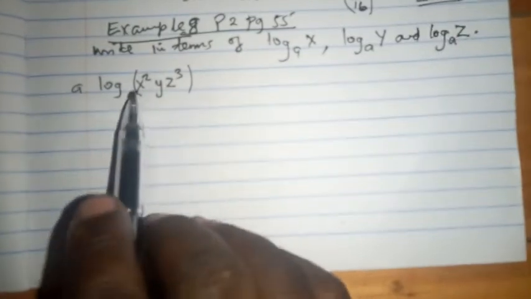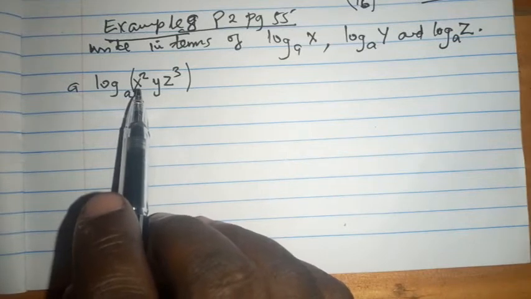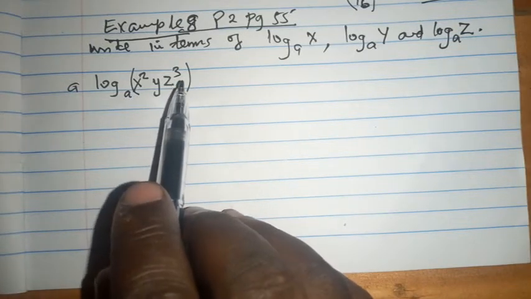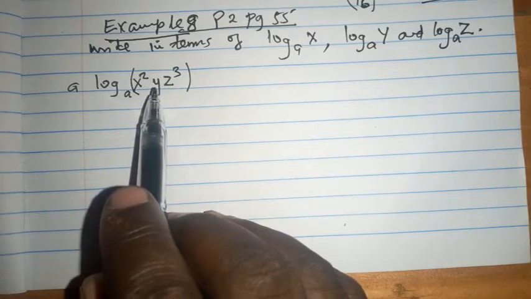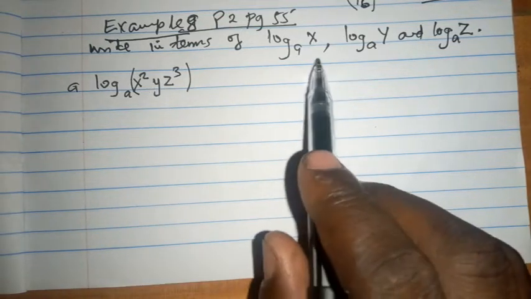Of course, if you look at this, it is mixed up. X, y, and z are in the same term, or they are all multiplied together, but we are supposed to write them separately.